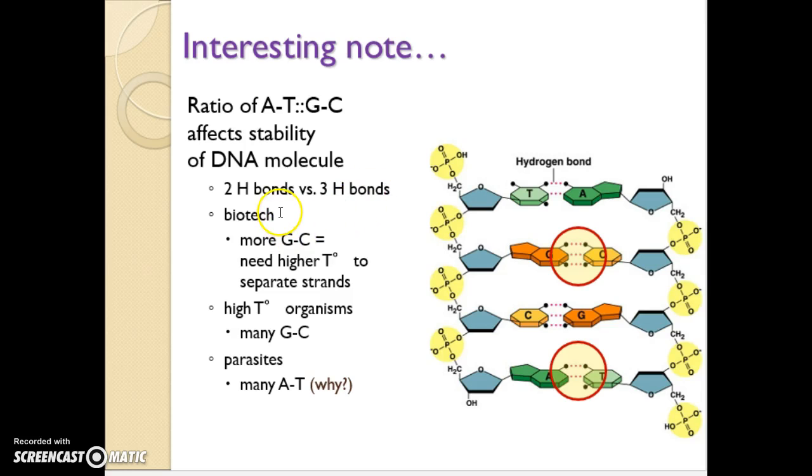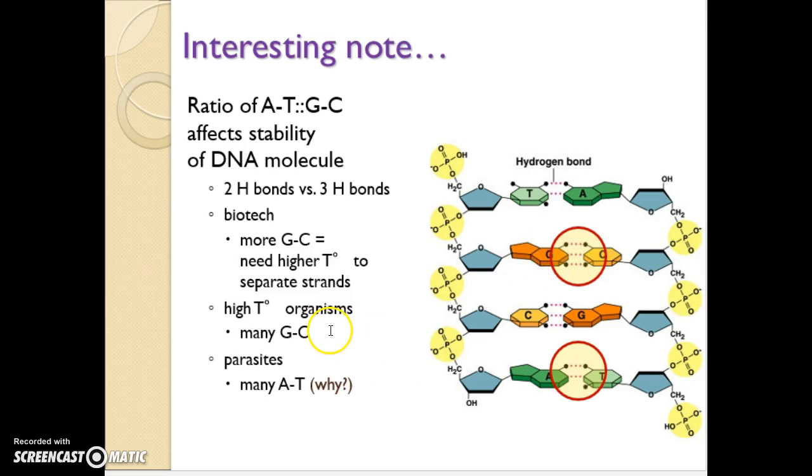So from a biotechnology standpoint, if you have more of the GC bonds, which are the 3 hydrogen bonds, you're going to need a higher temperature to separate the strands of DNA. So what that ends up meaning is that organisms that are functioning at a higher temperature normally have more guanine cytosine base pairs in their DNA.